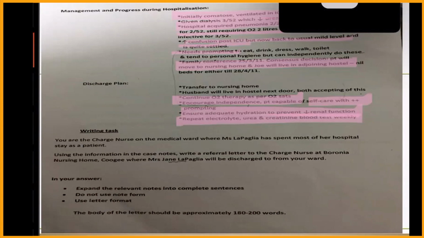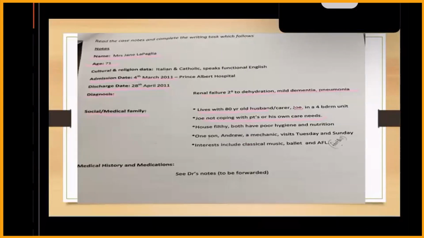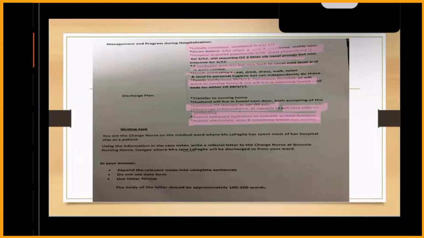Let's check: have you written everything on this page? Have you left out anything? Encourage independence for the patient is not required.